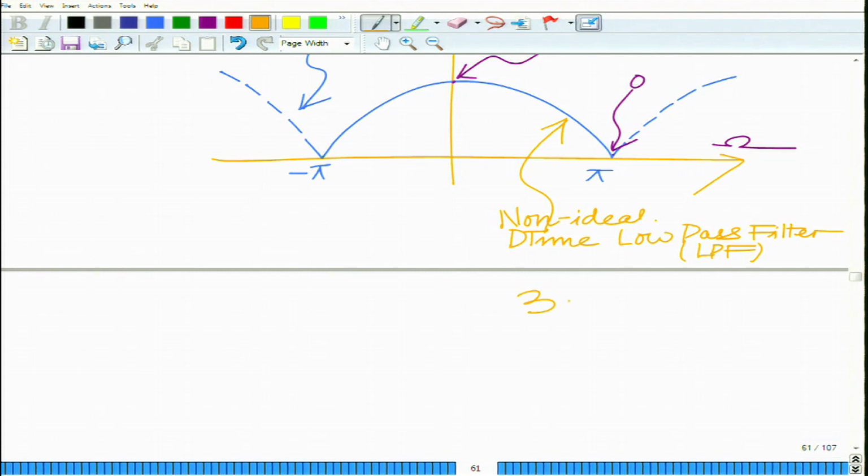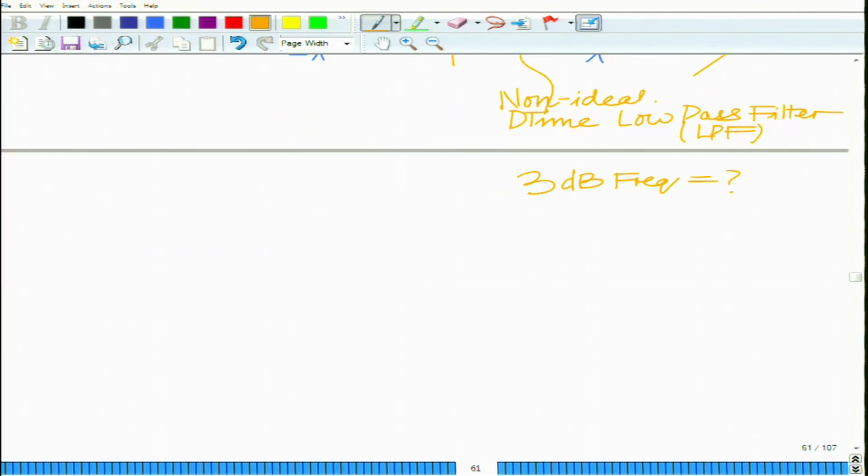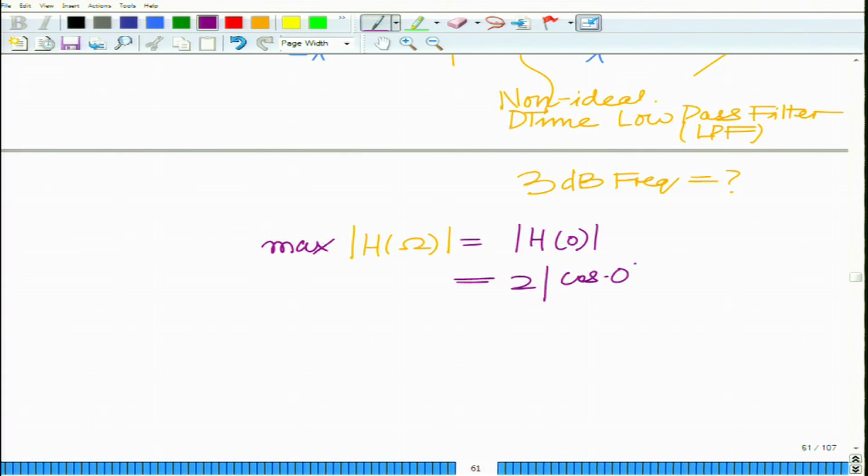And therefore, what we want to find is the 3 dB frequency of this non ideal low pass filter, and that can be found from magnitude H of omega. If you look at the max of this, it occurs at H of 0, which is 2 magnitude cosine 0, which is equal to 2.